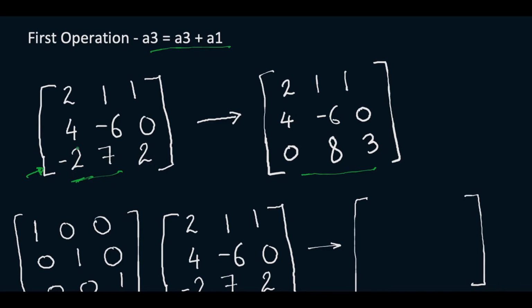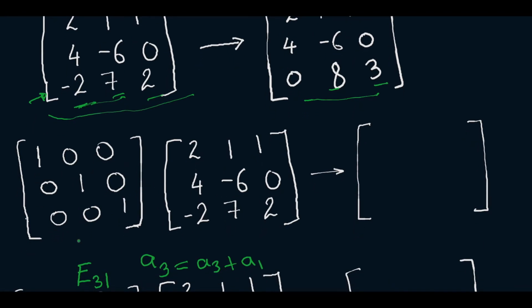So this minus 2 becomes minus 2 plus 2, which is 0. This 7 becomes 8 and this 2 becomes 3. Now we will perform the same operation by multiplying a matrix on the left hand side of this matrix.